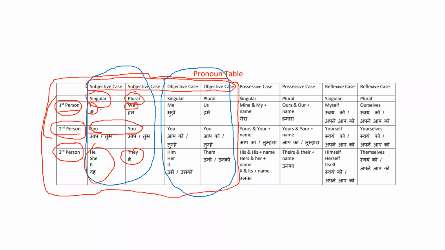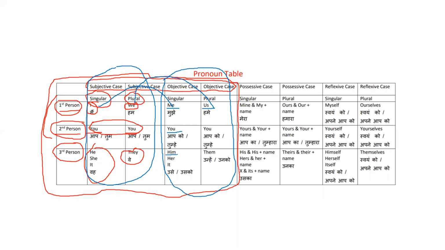If we need to write subject, I will write I, but if we need the object, I will write me. Me is the objective case of I, and us is the objective case of we. You is a special word that is subjective case also, objective case also, singular also, and plural also.